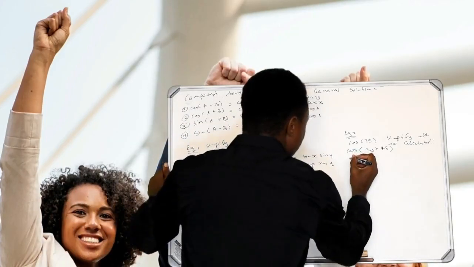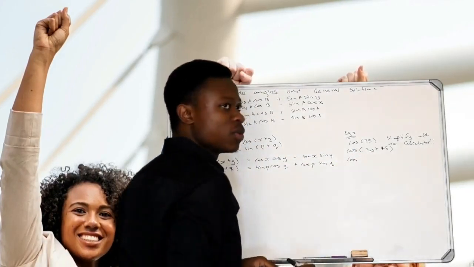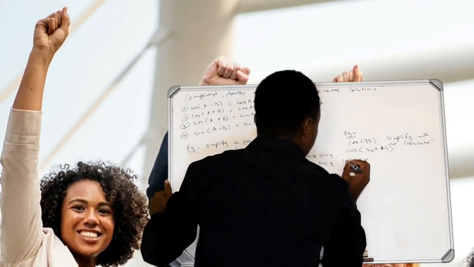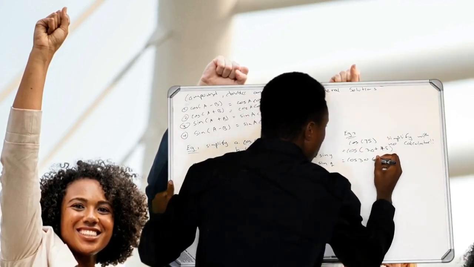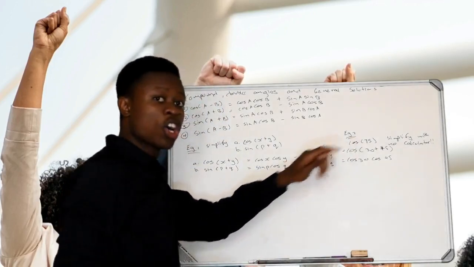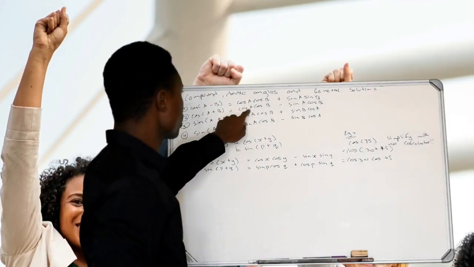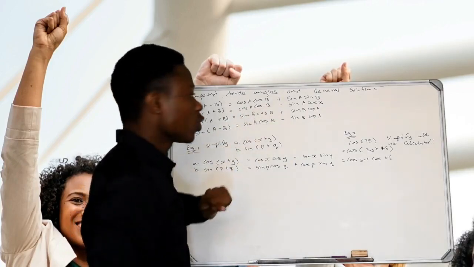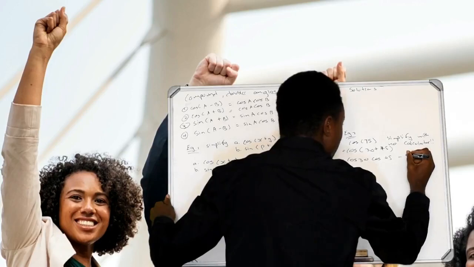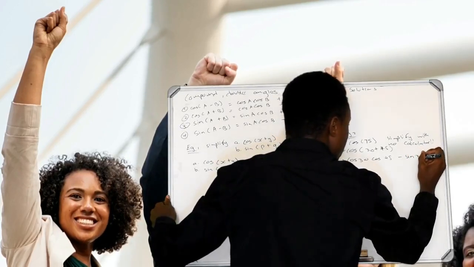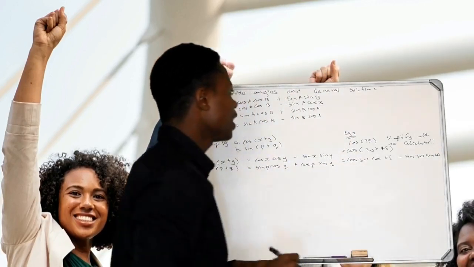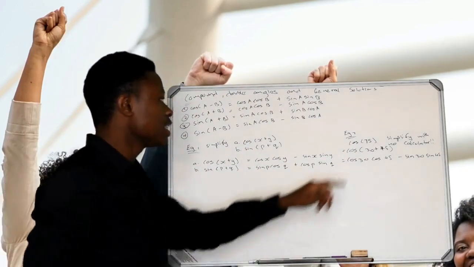We say it's cos A. So cos A, what is A in this sum? It's 30. So it'll be cos 30 cos 45, right? Because it says cos A and cos B. If you look over here, cos A and cos B. So therefore, the second part again, what did we say? The sign changes, so it becomes negative. So on the other side, it's sin 30 and sin 45, right? So it's sin 30 sin 45.